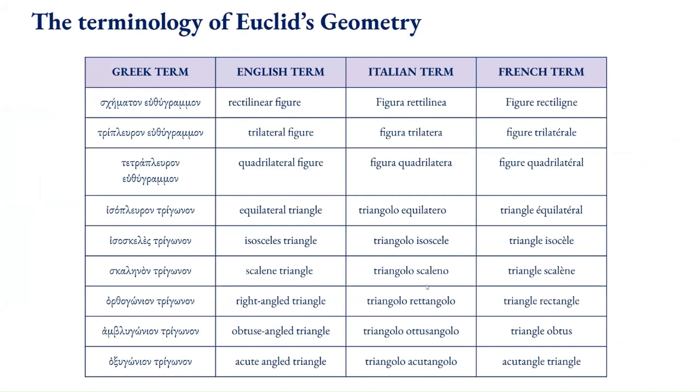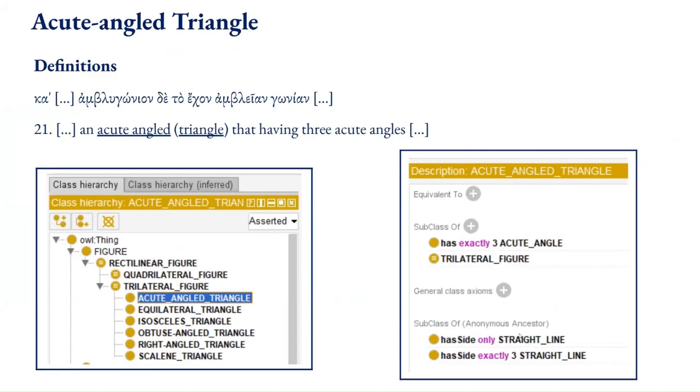Just to use cardinality restriction, you can state that a right-angled triangle has angle exactly one right angle.